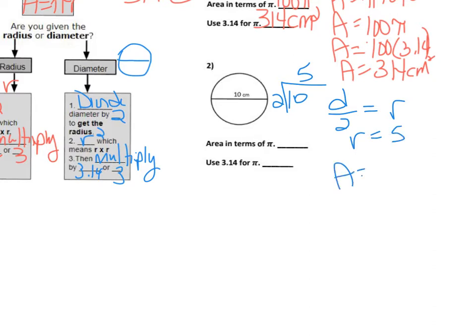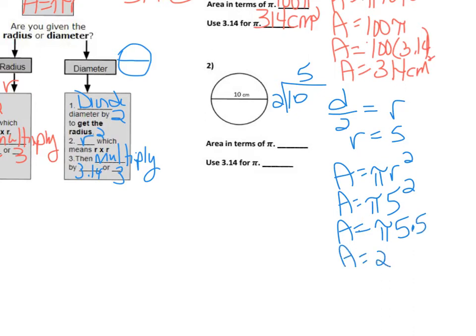So area is equal to pi radius squared. And if you notice, I always write the formula first before I start substituting. So that's going to be 5 squared. And 5 squared means what? 5 times 5, which is 25 pi. So we did it in terms of pi.